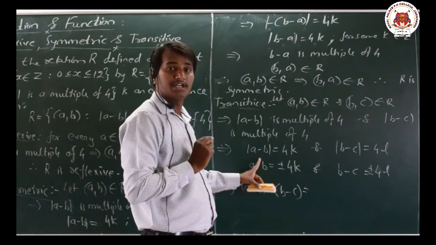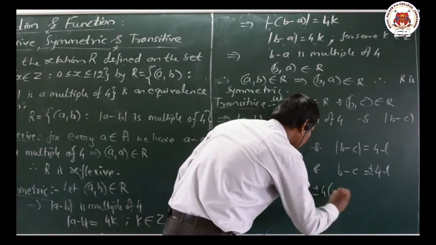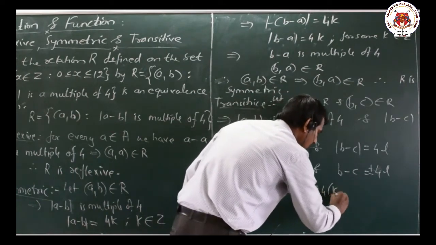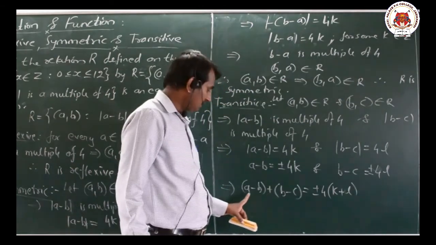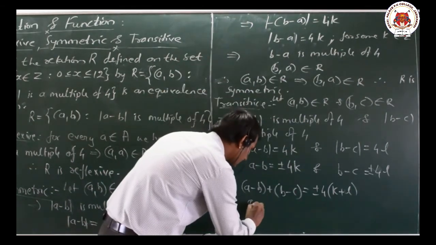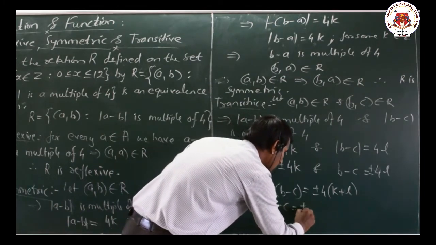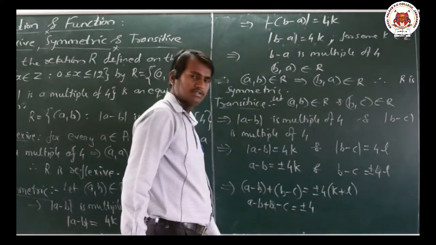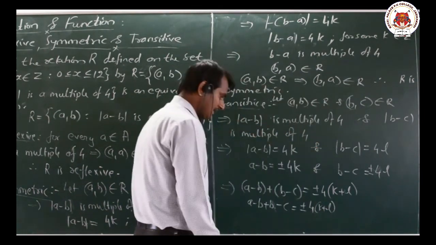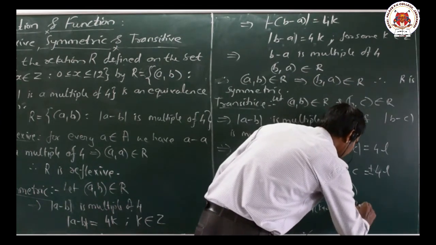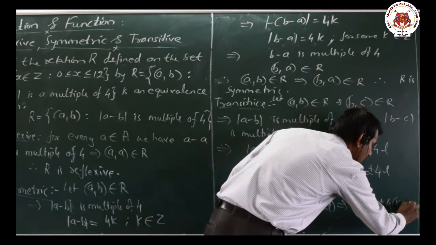Then equal to plus or minus 4 of, taking common, k plus l, because I am adding. Now you can open the bracket: a minus b plus b minus c equal to plus or minus 4(k plus l). That implies a minus c equal to plus or minus 4 into (k plus l).